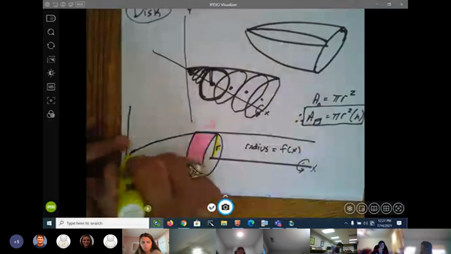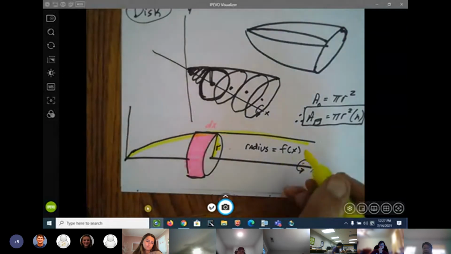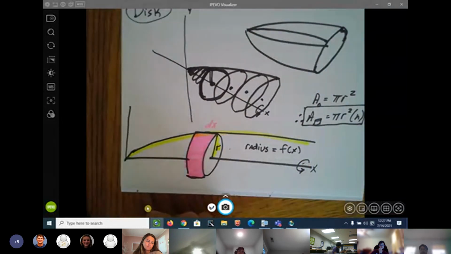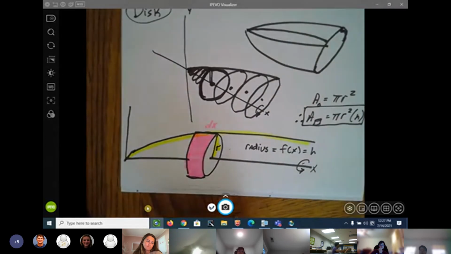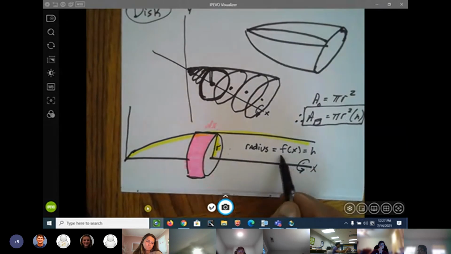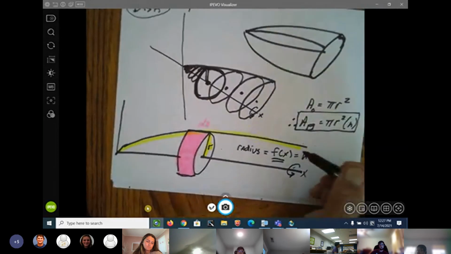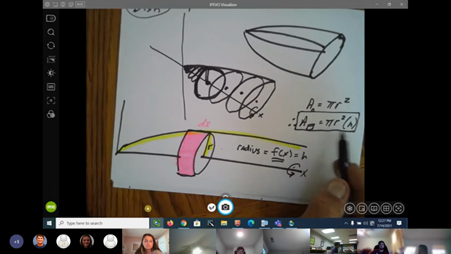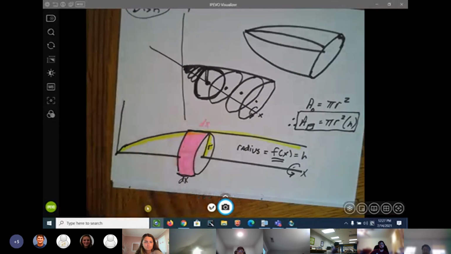The radius is equal to the actual function because that's the height. So we got r, which is the function. We got h. I'm sorry, yeah. But that's how far you're going. And we got the dx, that's going to be in the antiderivative.